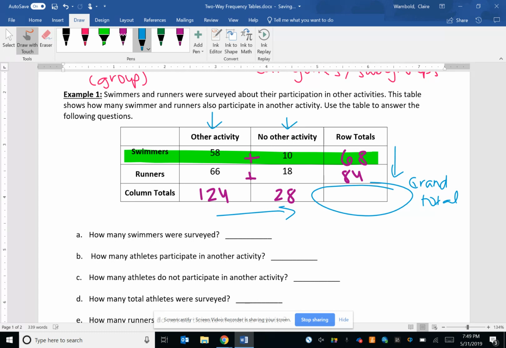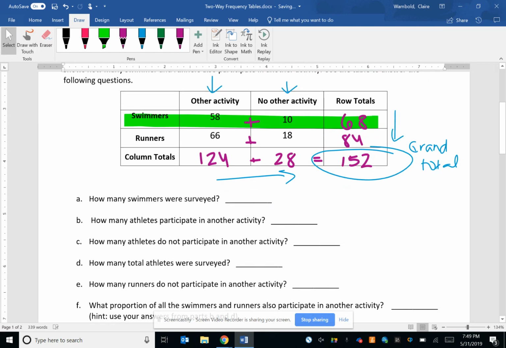So we can check: 68 plus 84 makes 152, which is the same thing as 124 plus 28. So we're not double counting. We're either going to choose the row totals or the column totals, but we can use them to check one another. So we've got a full two-way frequency table here, and now we can use it to answer some questions.